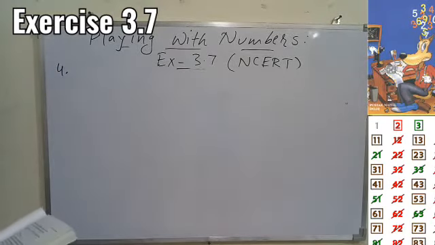which says: determine the smallest 3-digit number which is exactly divisible by 6, 8 and 12.